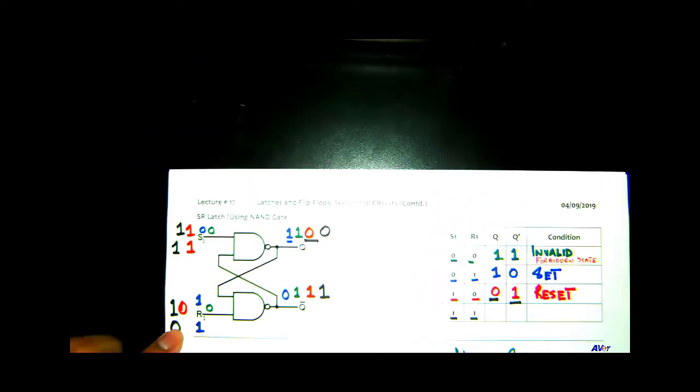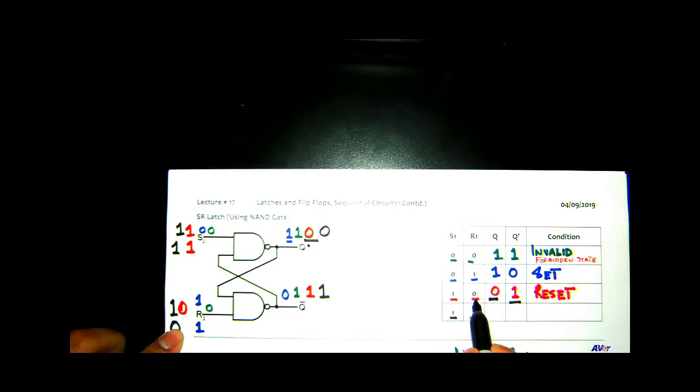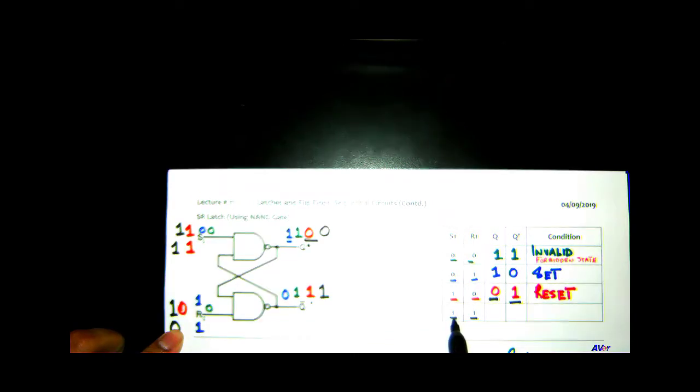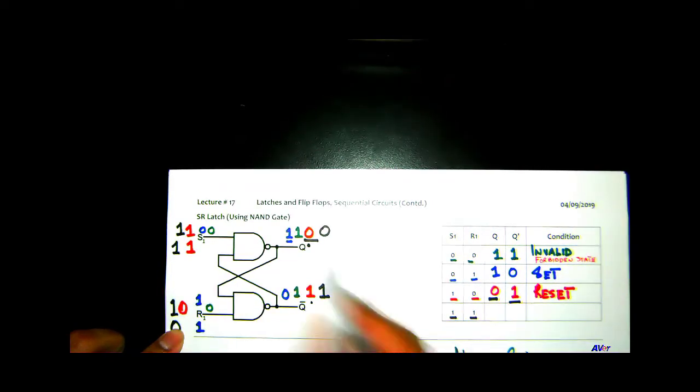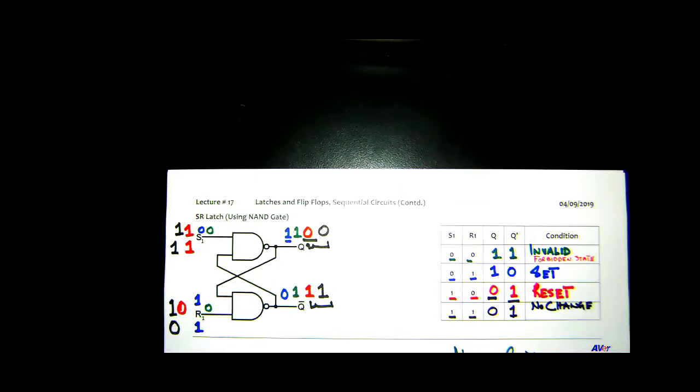Okay, so if you recall, for the previous state, when S1 was 1, R1 was 0, we got 0 and 1, and now that we have changed the inputs, both S1 and R1 are set to high, the output didn't change, Q remains 0, and Q naught remained 1. So there's no change, which means this is acting as a memory.